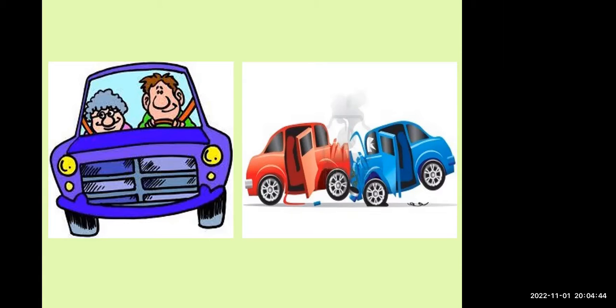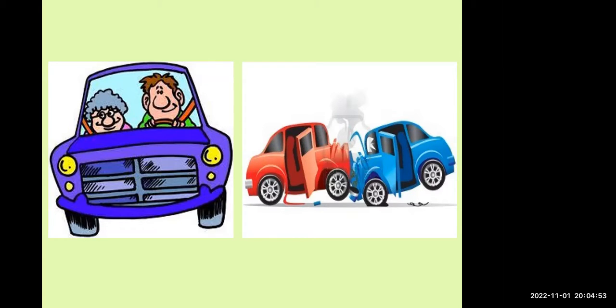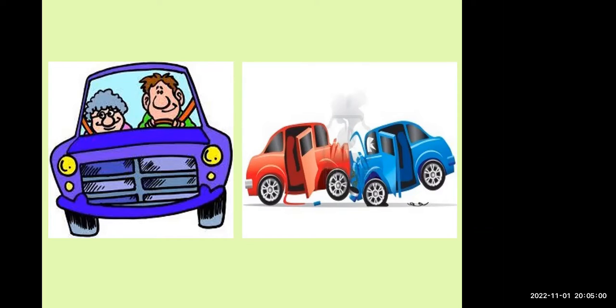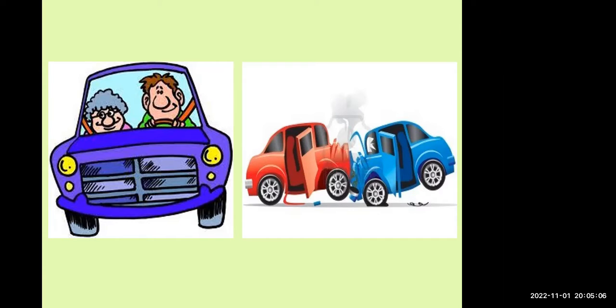And they, how do you say chocar in English? Crashed into. And they crashed into another car. Oh, gosh. With another car.